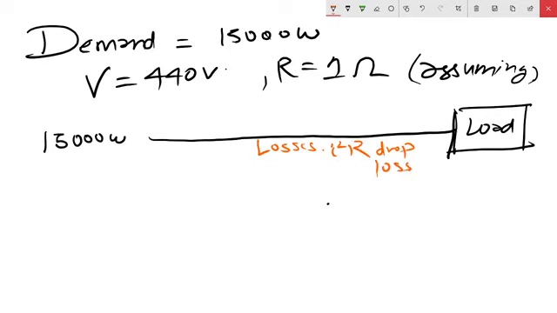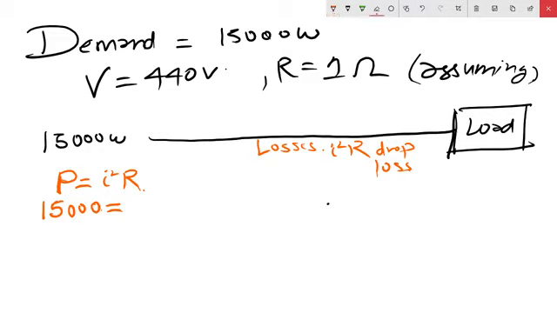Now we will find these losses. Power loss is equal to I square R. P we know, and I square we will find.